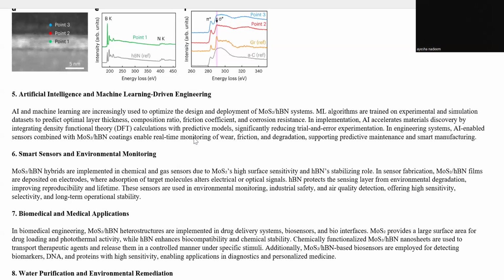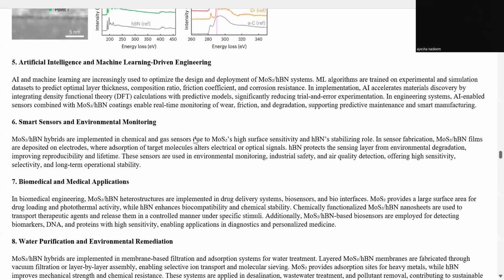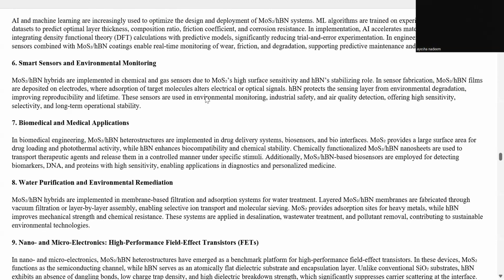These sensors are used in environmental monitoring, industrial safety, and air quality detection, offering high sensitivity, selectivity, and long-term operational stability. The seventh application is in biomedical and medical applications.